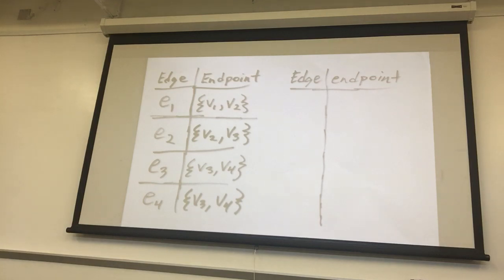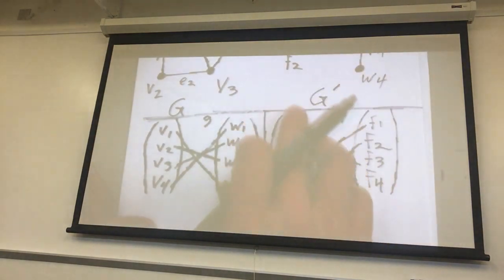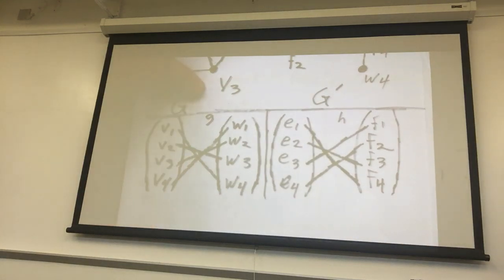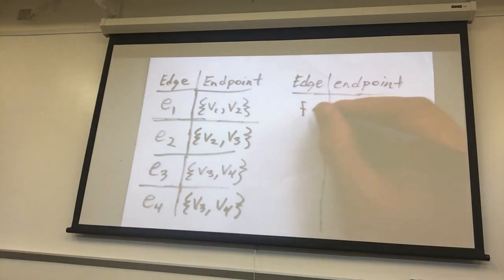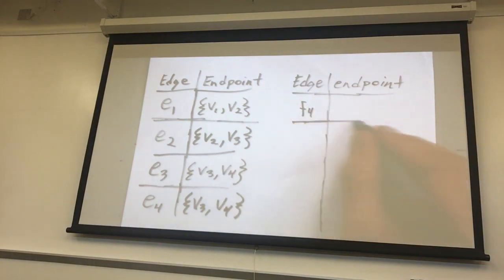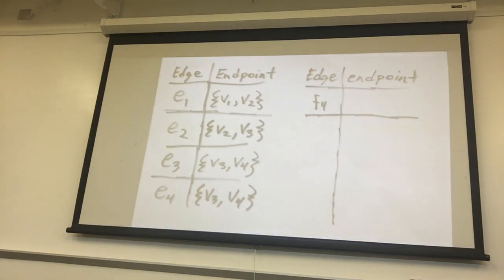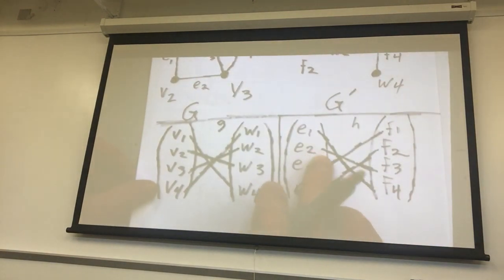Now, if we look at the mappings, edge 1 is going to be mapped down to F4, so let's put F4 right here. And edge 2 is going to be mapped to F3.